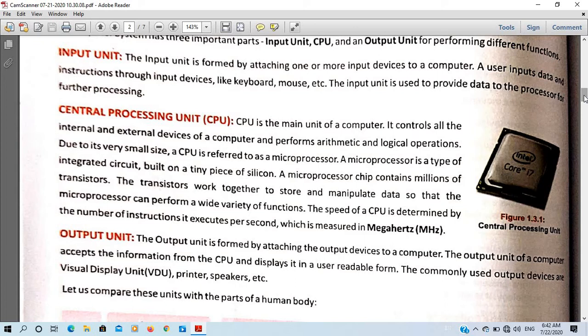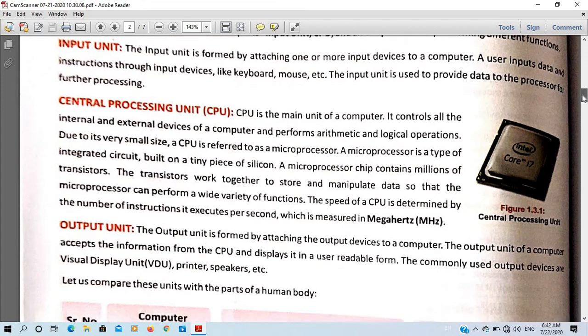Like this, the main input devices are keyboard and mouse, and other input devices are scanner, light pen, then mic. Whatever hardware by which we give something inside the computer is called an input device.